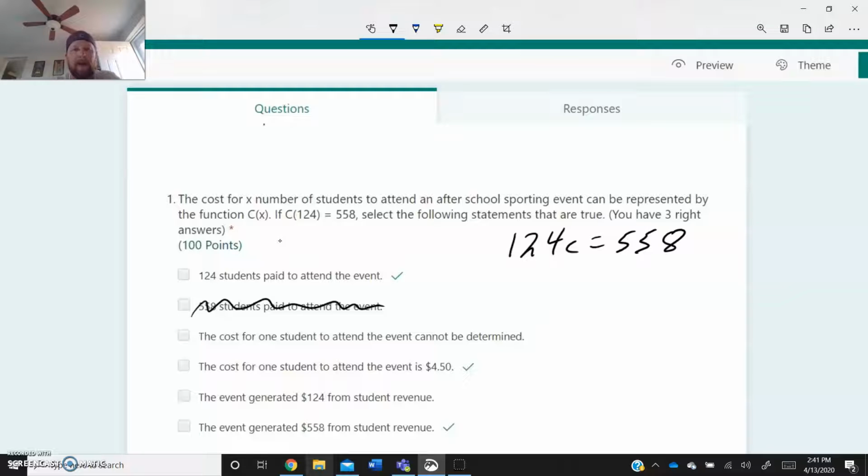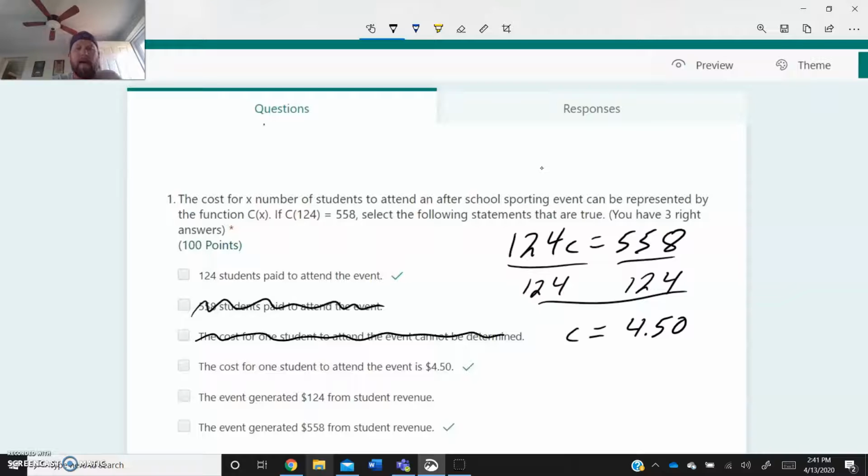That is nothing more than a one-step equation. This is multiplication, so I would just divide by 124 on both sides. And the cost per one student, one person getting in, will be $4.50. So this is false. We can definitely figure it out.